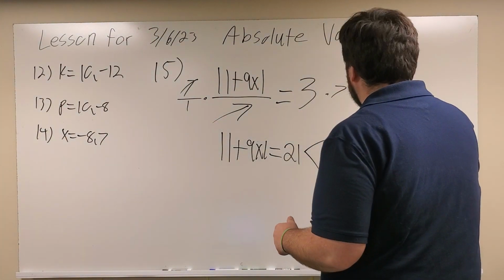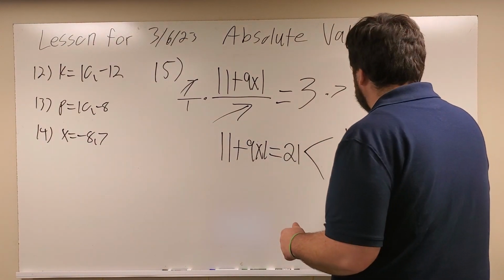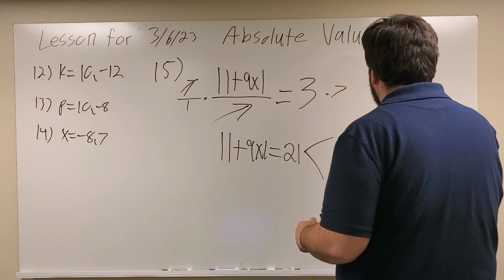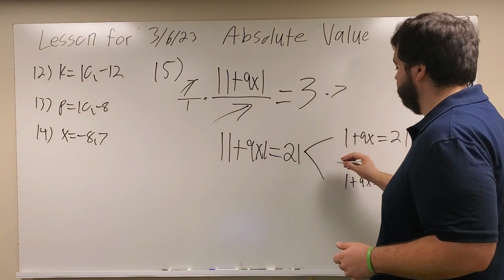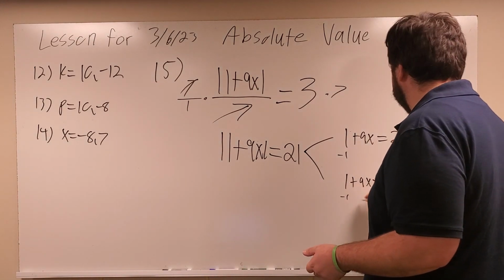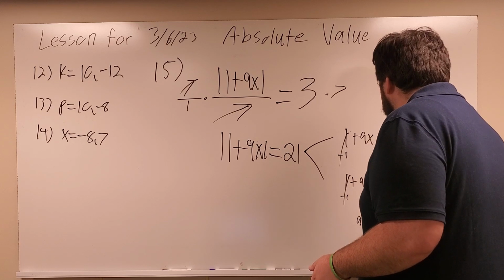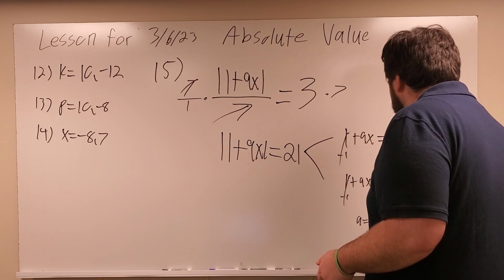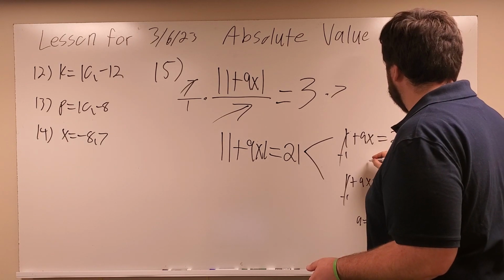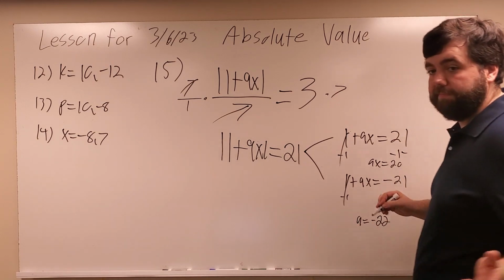So we get 1 plus 9x is equal to 21, and we get 1 plus 9x is equal to negative 21. Subtract 1 from both sides. 1's cancel. We're left with 9x equals negative 22. And over here, we get 9x is equal to 20.